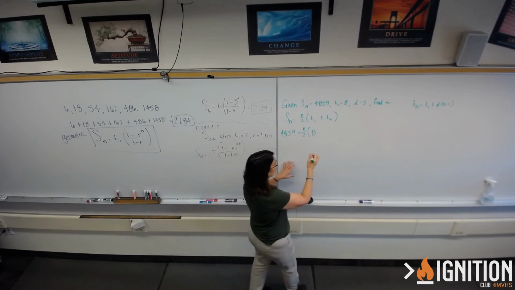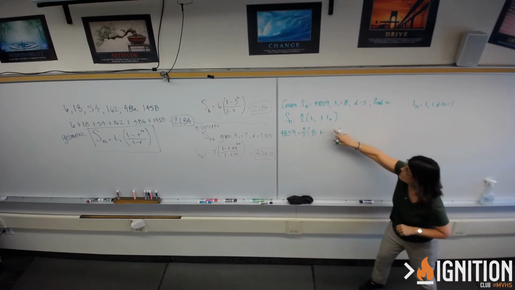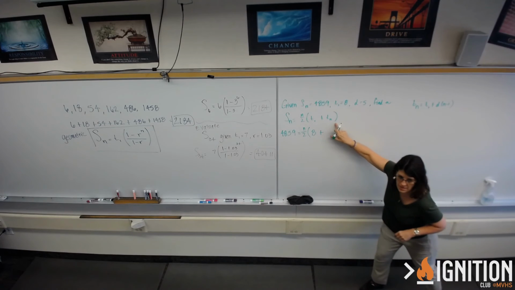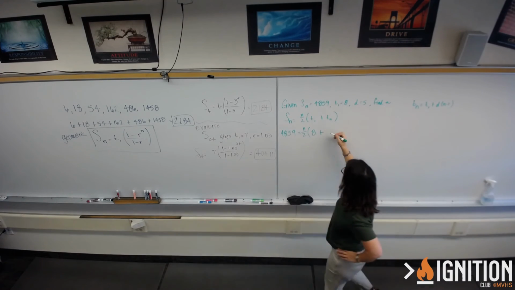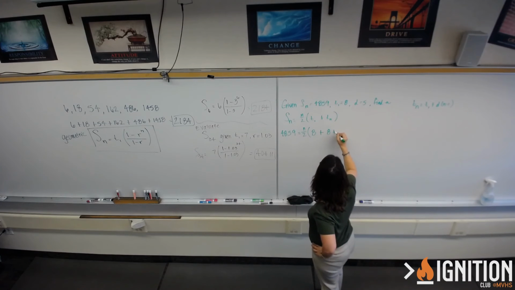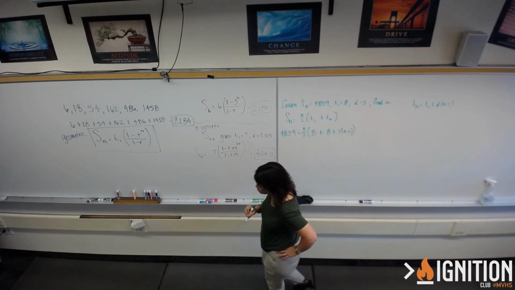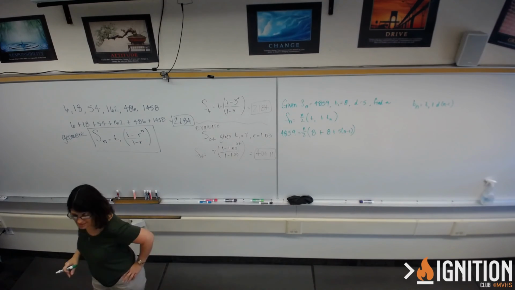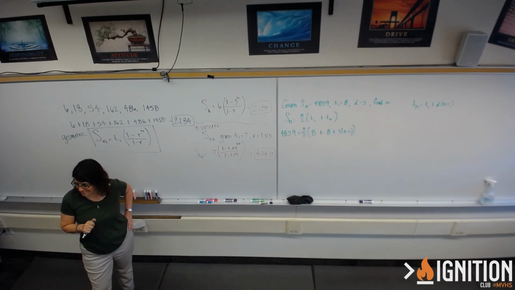All right, so plus the nth term. First term is 8 plus d is 5 and minus 1. Okay, and now it's algebra. I like it.